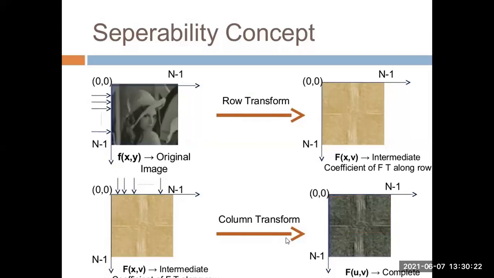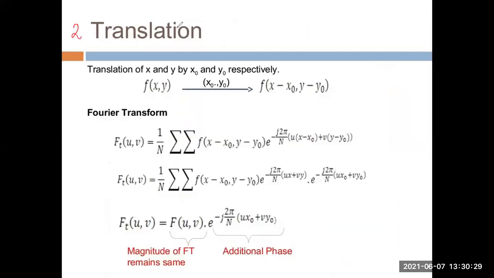So today we are going to discuss the second property, which is called Fourier translation. Now, suppose there is a discrete signal represented by f of x, y. Suppose the coordinates x and y are translated by the vector x0 and y0. So we are performing a translation on the coordinate.